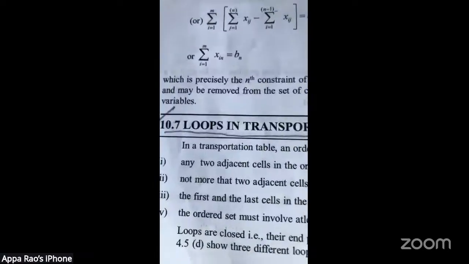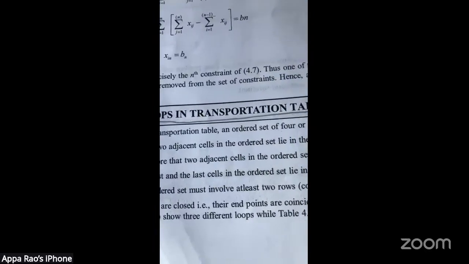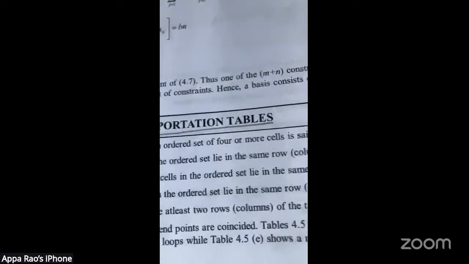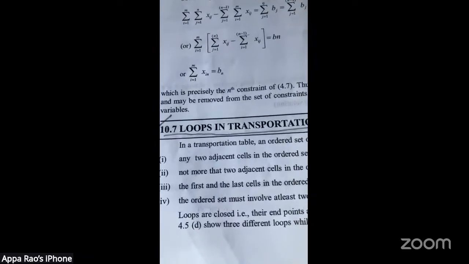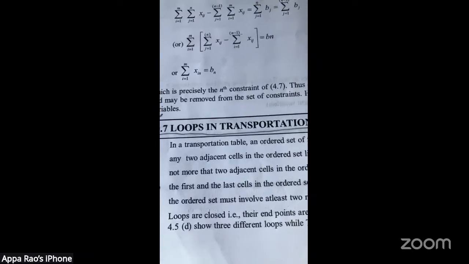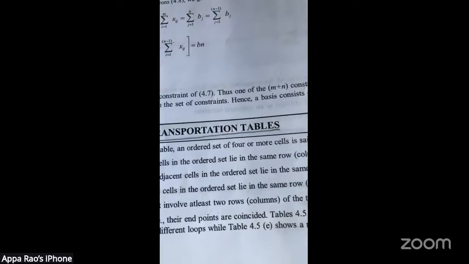Next, loops in transportation tables. What are the loops in transportation? In a transportation table, an ordered set of four or more cells is said to form a loop if any two adjacent cells in the ordered set lie in the same row or column, and not more than two adjacent cells in the ordered set lie in the same row or column.